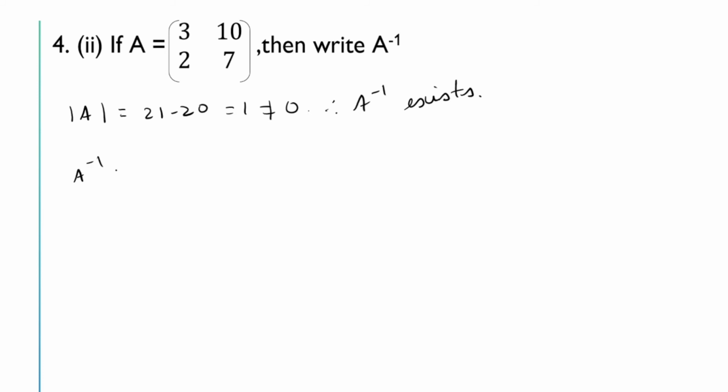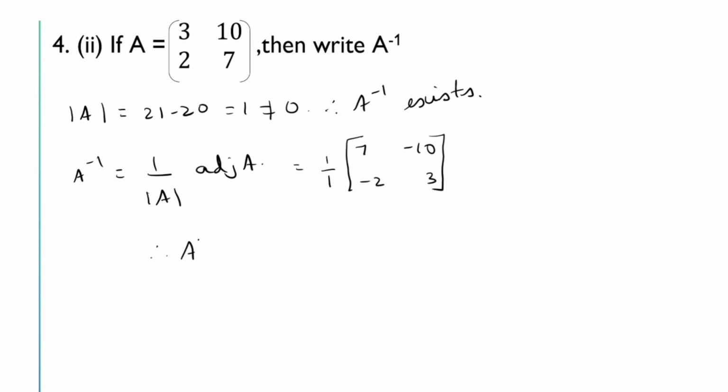A inverse is equal to 1 by determinant of A into adjoint of A. So it is equal to 1 by 1 into adjoint of A, which is 7, minus 10, minus 2. Therefore, A inverse is equal to 7, minus 10, minus 2.